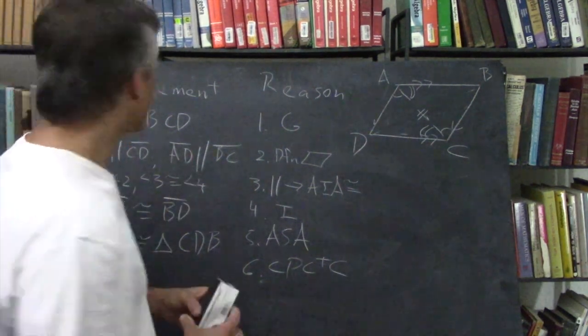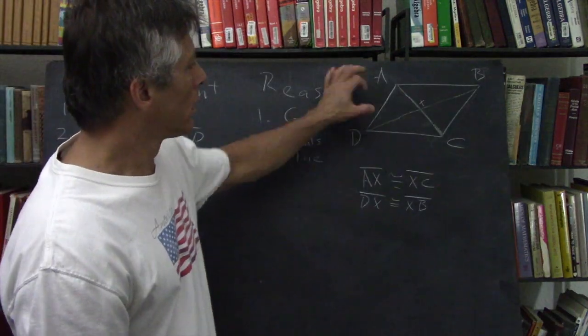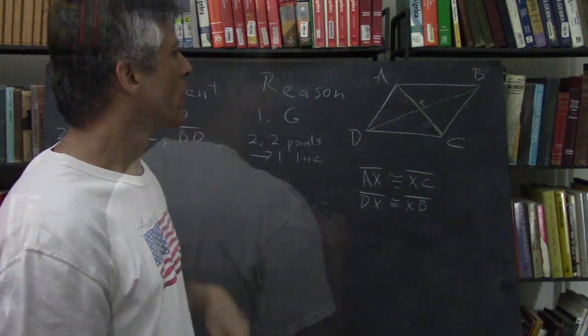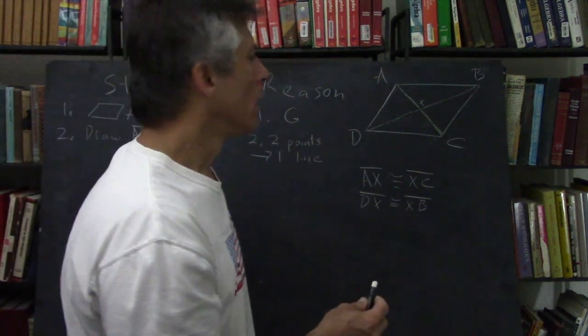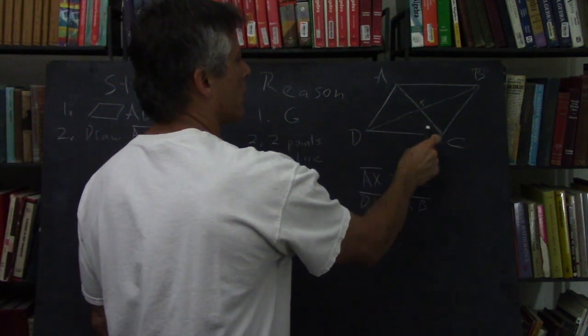Third theorem, theorem 5.3, last one in the section. So we want to show that first we'll show AX equals XC. Okay, what we'll do is use ABX and DXC.